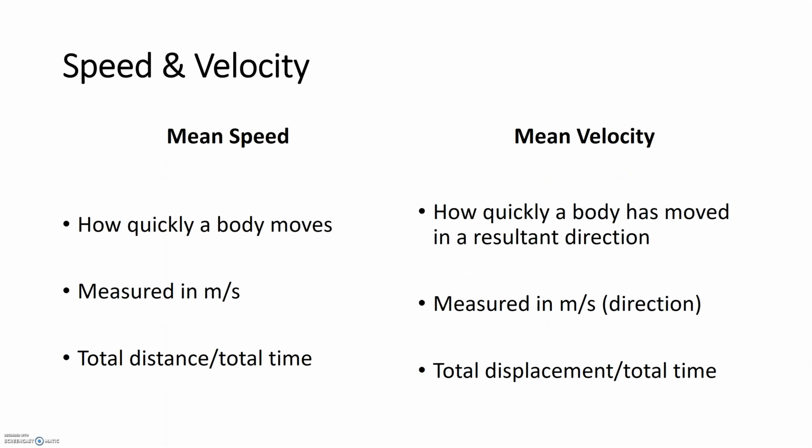Speed and velocity. So the mean speed is how quickly a body moves, and it's measured in meters per second, and you can find it using the total distance divided by the total time. The mean velocity is how quickly a body has moved in a resultant direction and is measured in meters per second, but you have to add the direction with it, and this is measured by total displacement divided by the total time.